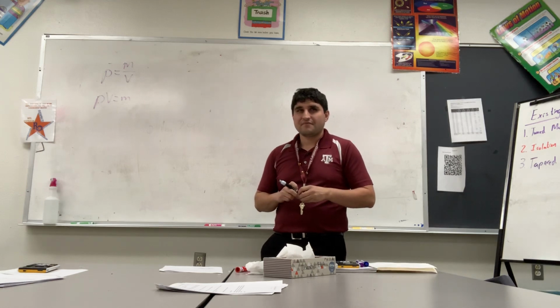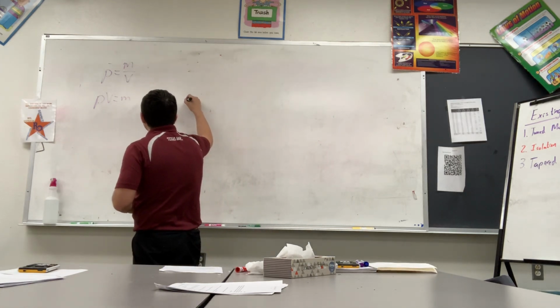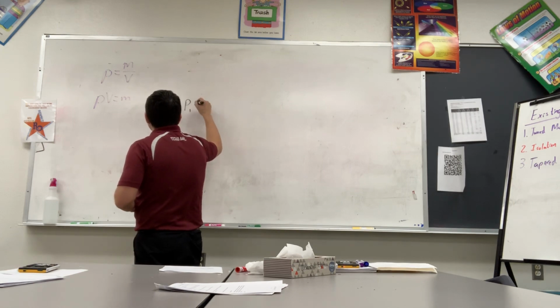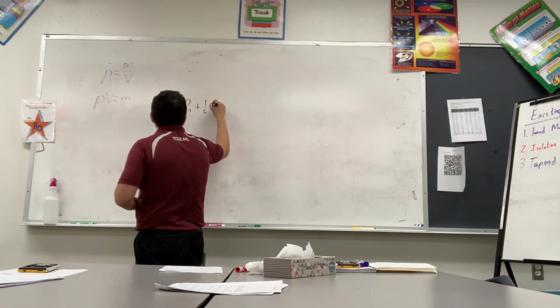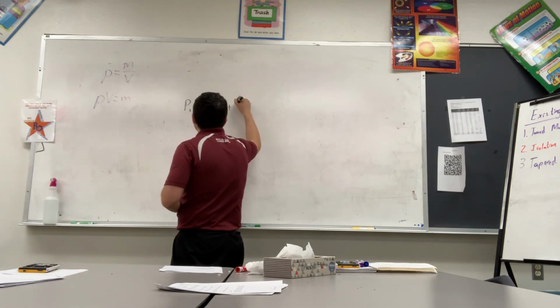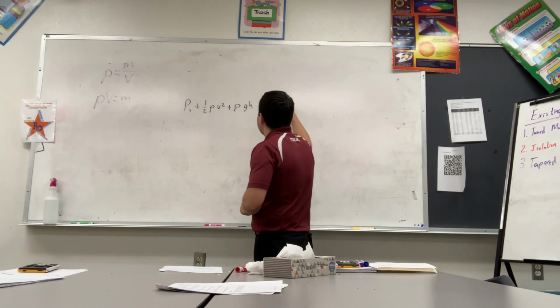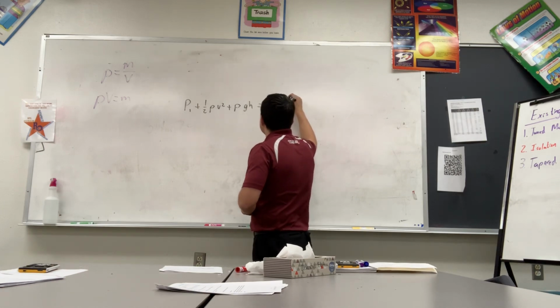Bernoulli's right here, and in Bernoulli's, they're giving us P1 plus 1/2 density velocity squared plus density gravity height, and we know that Bernoulli's is gonna be equal on both sides.